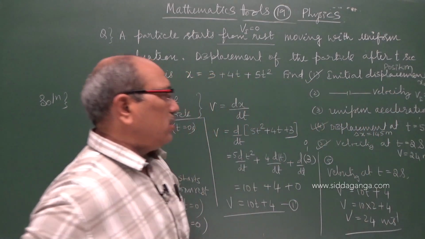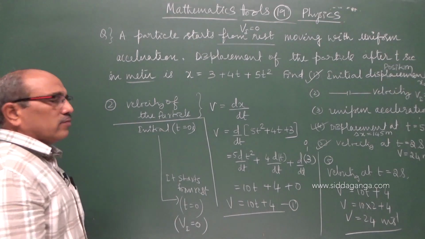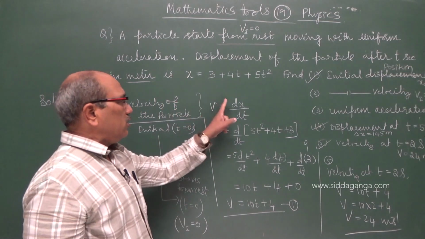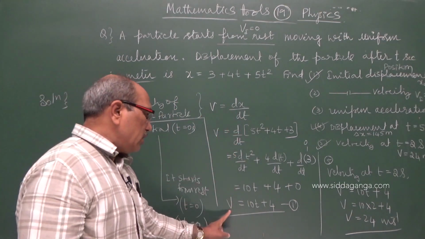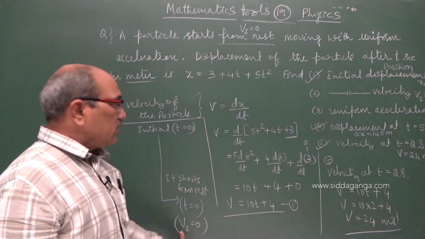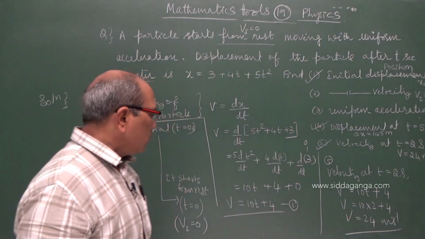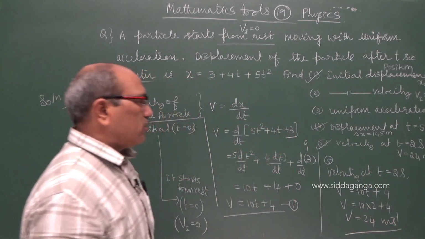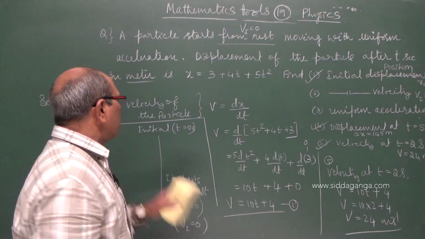Now we remain with acceleration. I hope you followed. To find velocity we get the first order derivative, which is the general equation for velocity. As it starts from rest, initial velocity becomes 0. After 2 seconds you put t equal to 2 and you get the answer 24 meter per second.